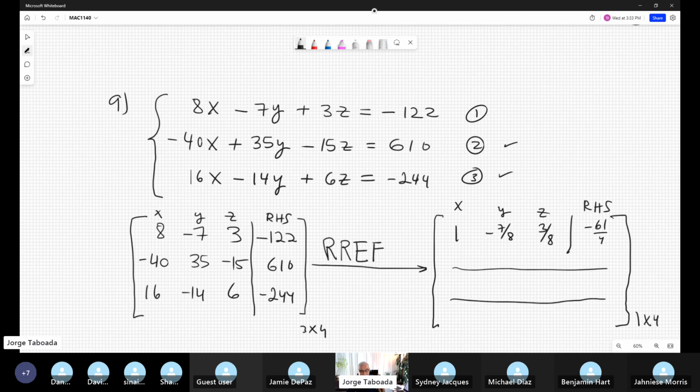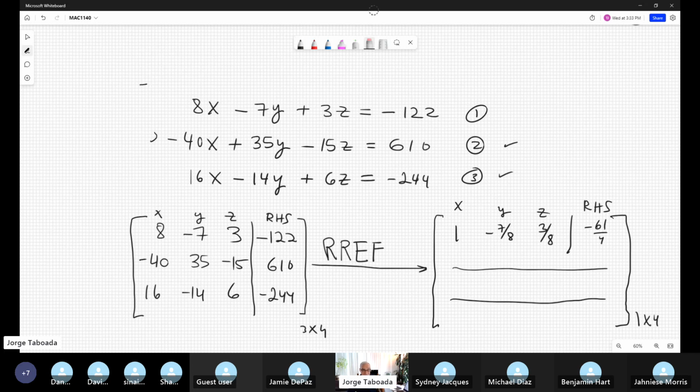Take a look, for example, if you multiply equation 1 by negative 5, you have 8 times negative 5 is negative 40, negative 7 times negative 5 is positive 35, and 3 times negative 5 is negative 15, and negative 122 times negative 5 is 610. You can verify with the calculator.